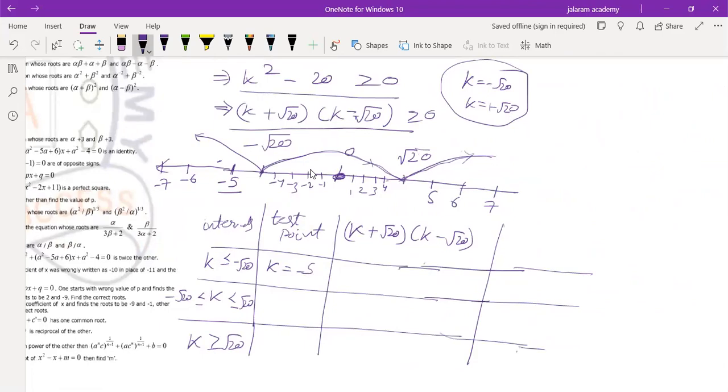So if we use minus 5 plus root 20 into minus 5 minus root 20: minus 5 is negative, minus 5 plus root 20 will also be negative, and in this both are negative. Minus into minus will be positive. Is that clear to you?